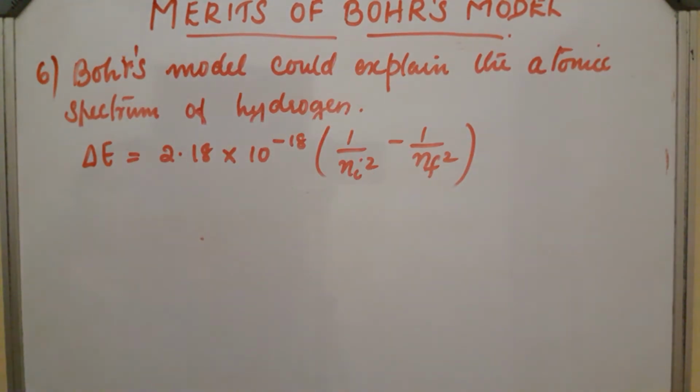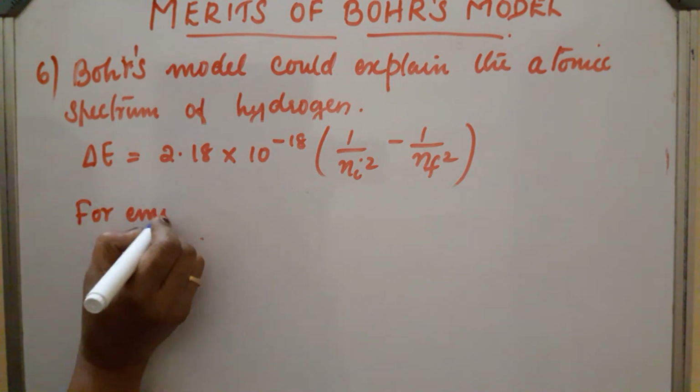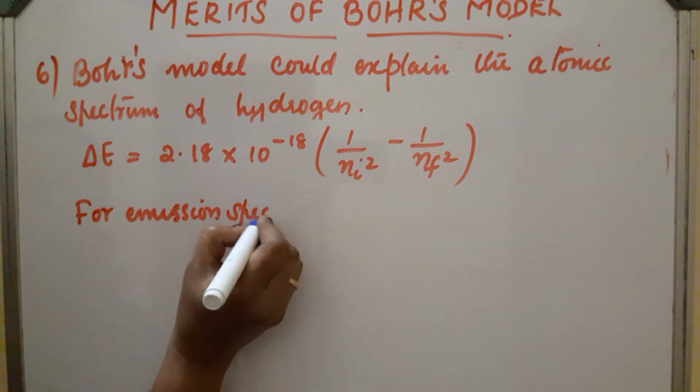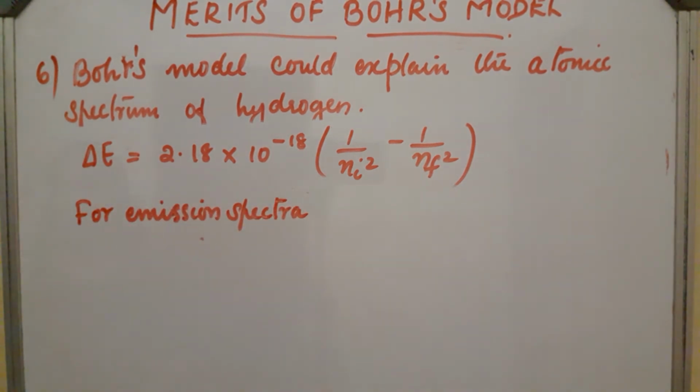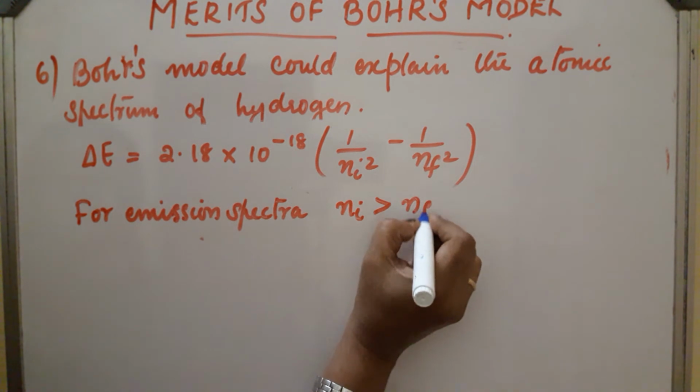Now we know according to Bohr's model, delta E is equal to 2.18 into 10 raised to minus 18 into 1 by ni square minus 1 by nf square. For emission spectra, we can see that ni will be greater than nf.